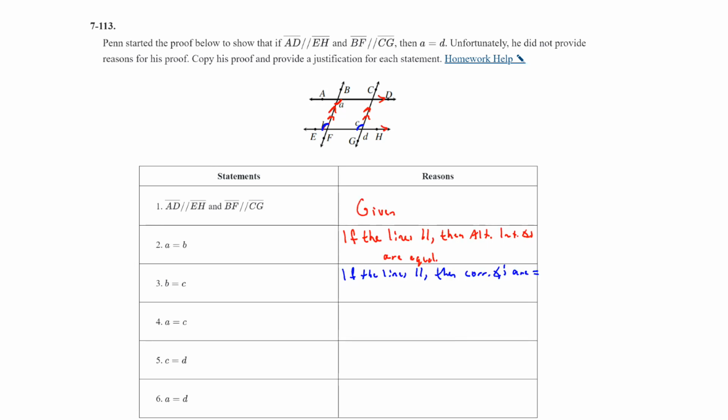All right, now we say A is equal to C. A is all the way over here, and C is all the way over here.